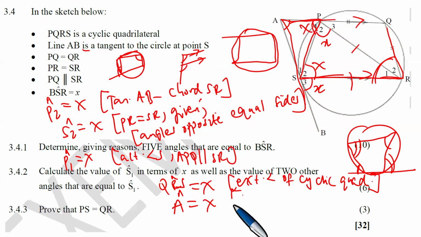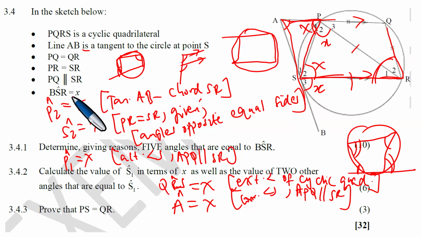So corresponding angles, APQ is parallel to SR. Okay, so we found 1, 2, 3, 4, 5. We've given 5 angles that are equal to angle BSR, and angle BSR is X.